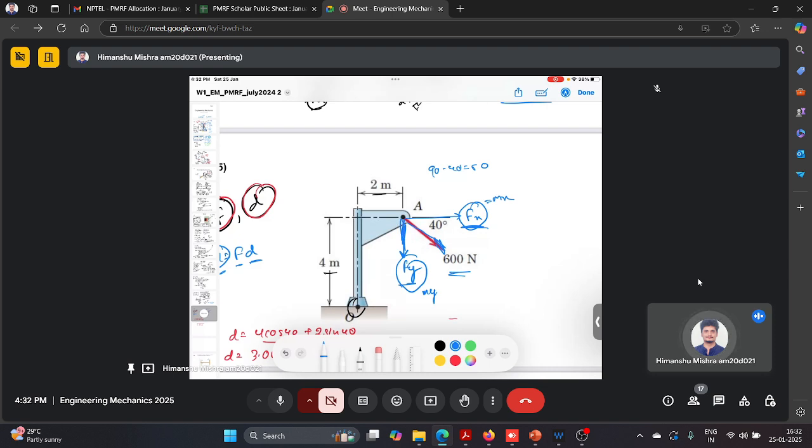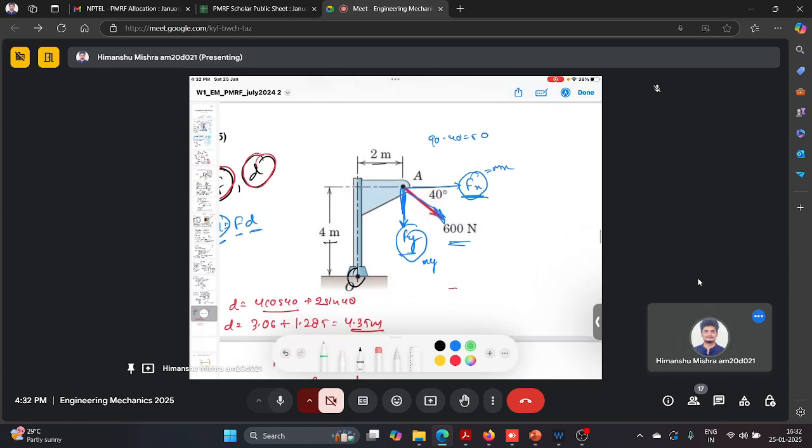So from the visualization itself, you can define the perpendicular distance. For Fx, what will be the perpendicular distance? For Fx, this will be my perpendicular distance, 4 meter. And for Fy, if this is my Fy, then this will be my perpendicular distance, 2 meter.